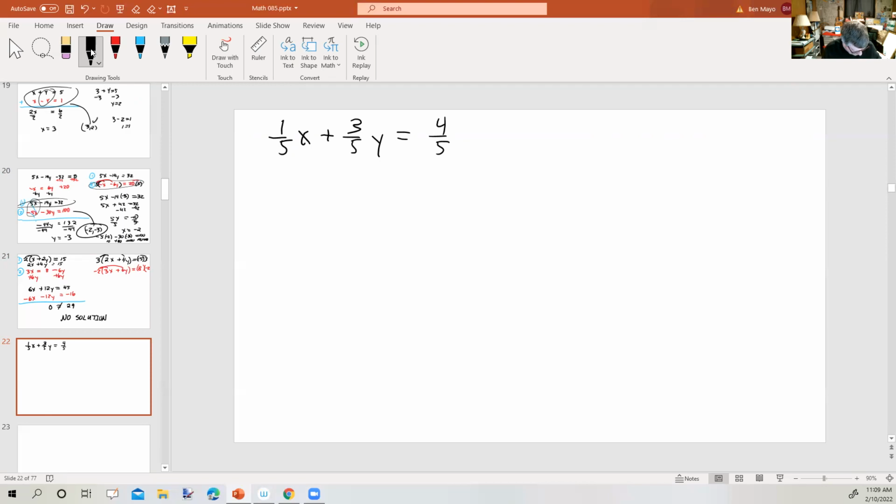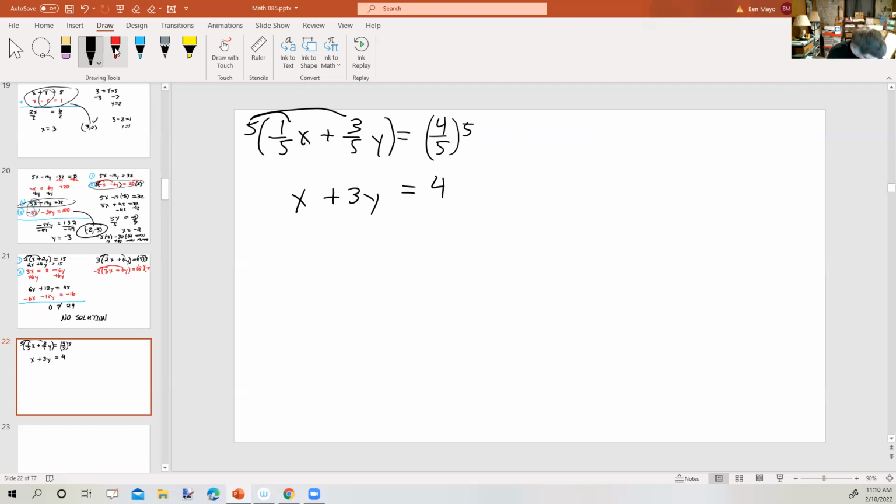That's our first equation. I'm going to multiply both sides by 5. 5 times 1/5 is 1 times x is x. 5 times 3/5 is 15/5 is 3 times y. 4/5 times 5 is 4. So I took the first equation and I cleared the fractions.